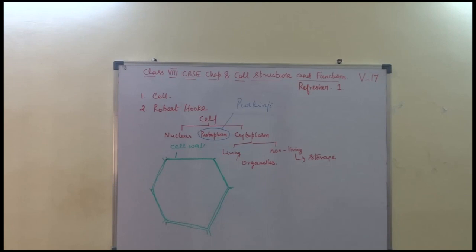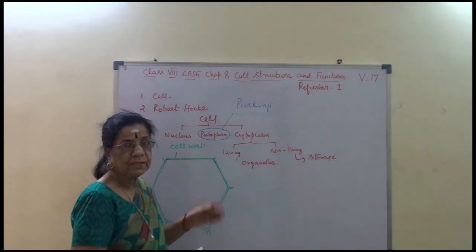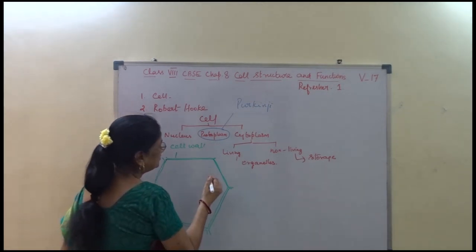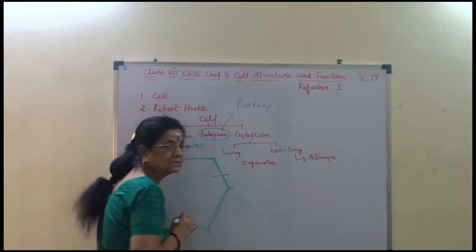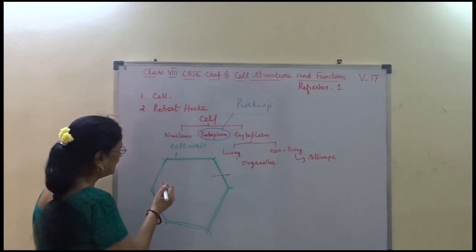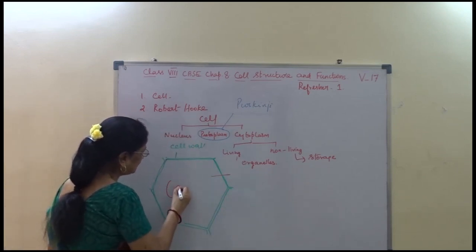Organelles, spelling correct? Now we say this is the cell wall, inner to that is the cytoplasm, and then the nucleus.